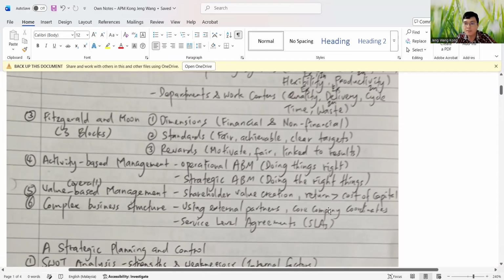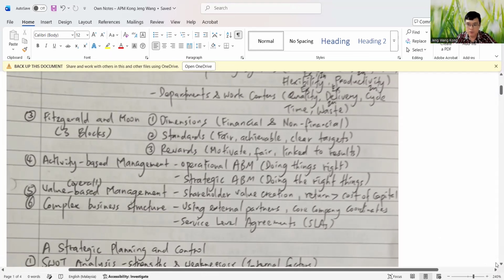So the core company coordinates the external partners' activities. So they must have service level agreements, to agree what the terms are and what the results are, to evaluate how well the external parties perform.